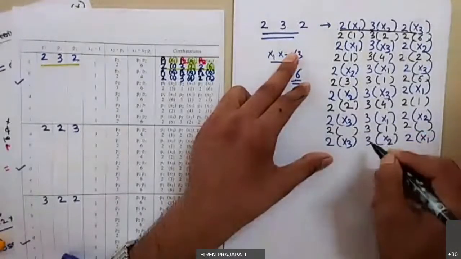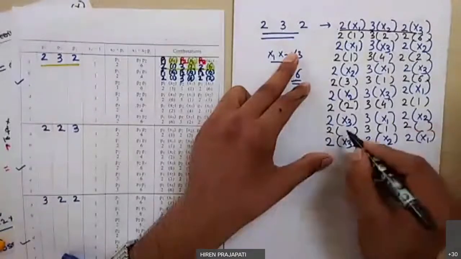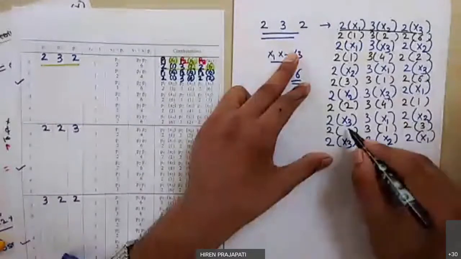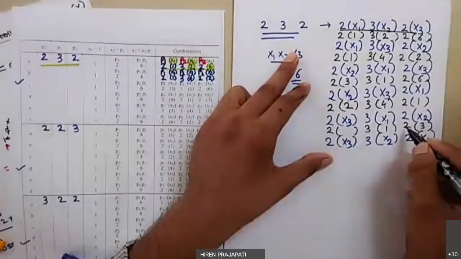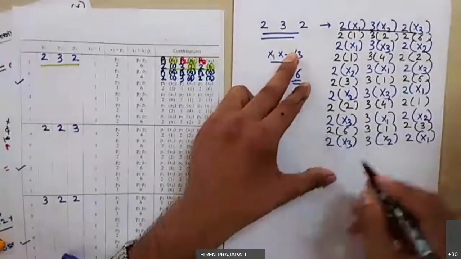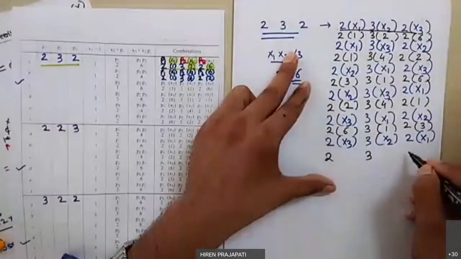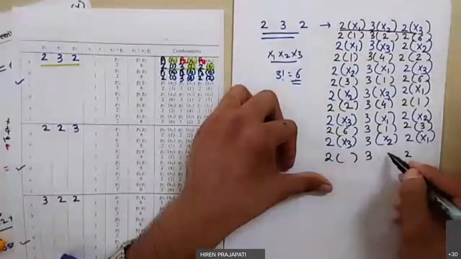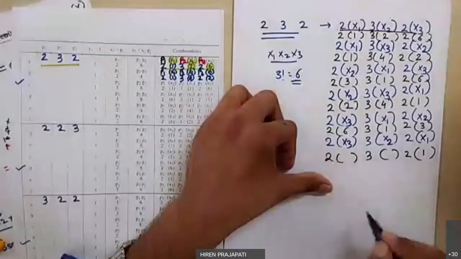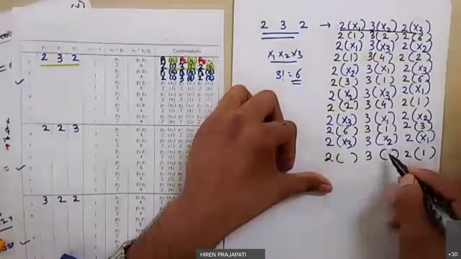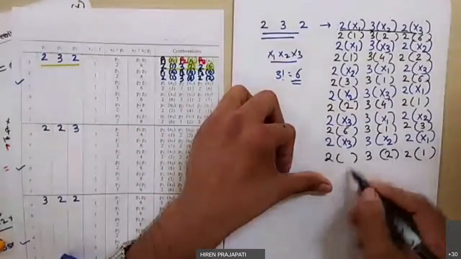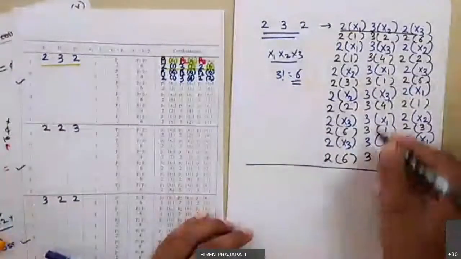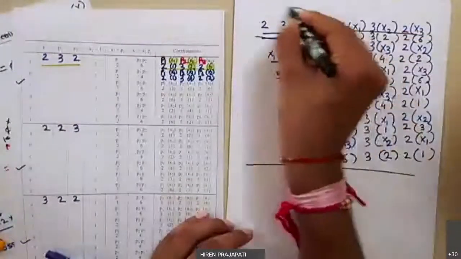So 3 into 1, 3. So 3 here as x2. Now x3 is 3 into 2, 6. So 6 into 2, 12. And now the last possibility for 2, 3, 2. So x1 is 1, 2 into 1, 2, 2 into 3, 6, 6 into 2, 12. So these are the total 6 possibilities for 2, 3, 2.